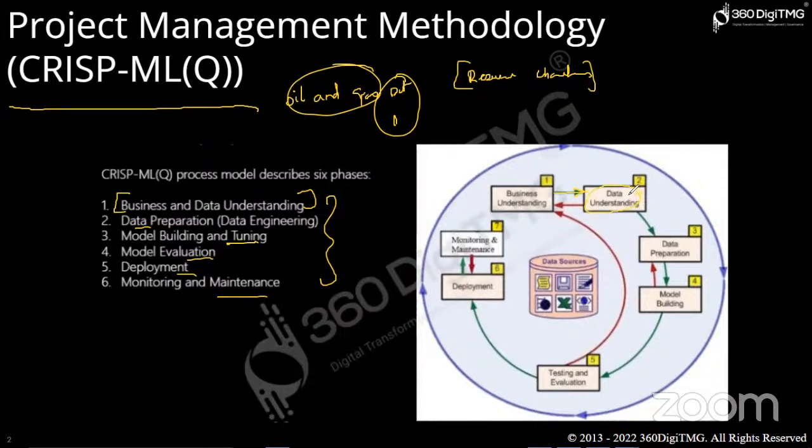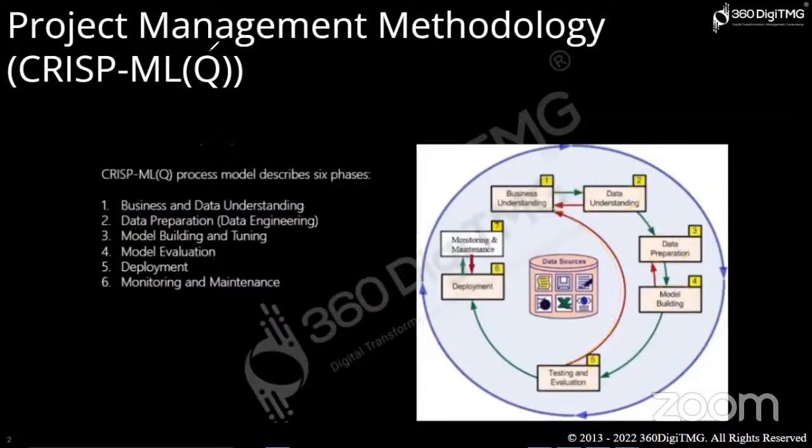Then we go for data preparation. If everything is okay, we do model building and work on evaluation. If there is any issue with evaluation, we do tuning, but if it is still not working, we have to go back to the business understanding step. These are different phases that are very important when we deal with any supervised or unsupervised model.